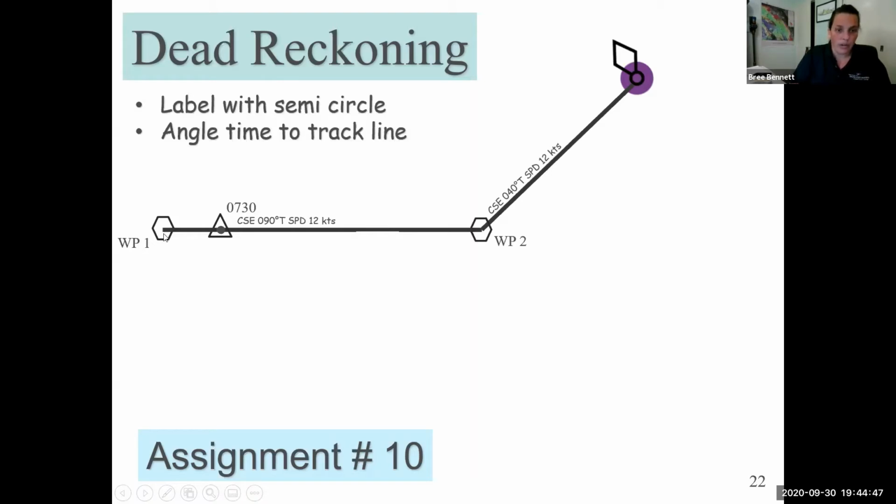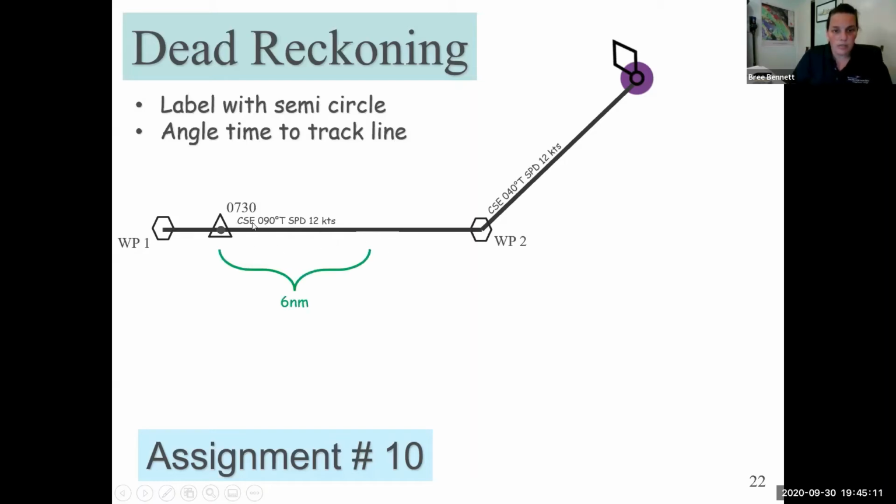So we have waypoint 1, then we have waypoint 2, and then we have a buoy. So if I mark a position, it's going to be this solid dot. I have a triangle, and I'm going to show you what all of those symbols mean. And I have a time of 0730, my course, my speed, so-and-so.